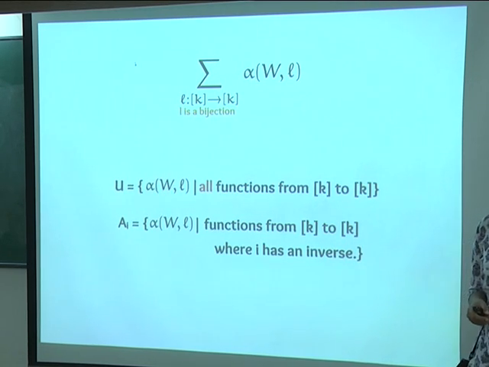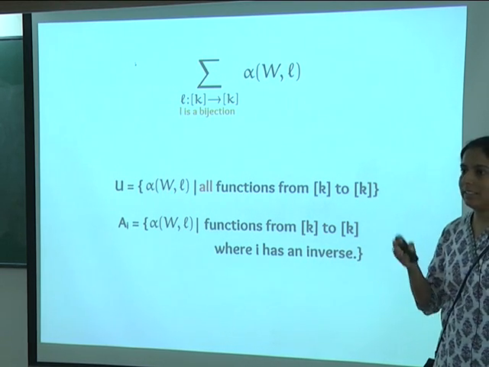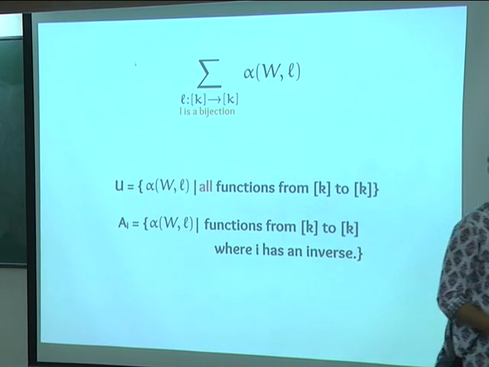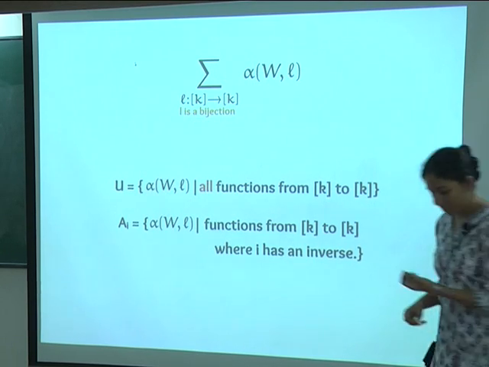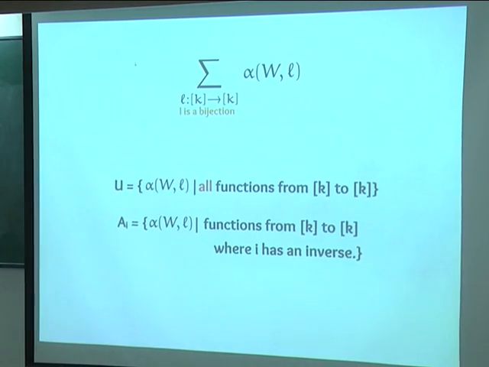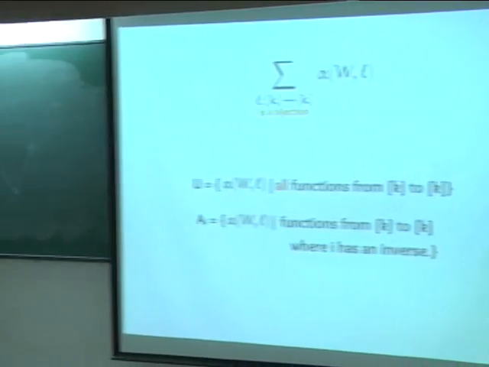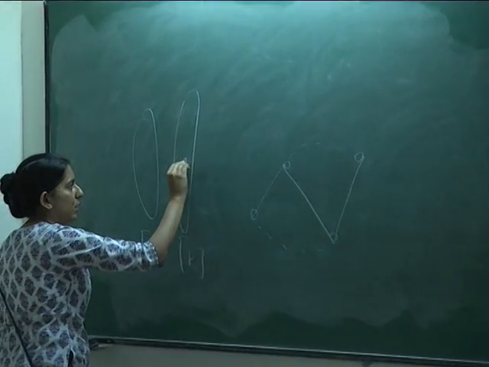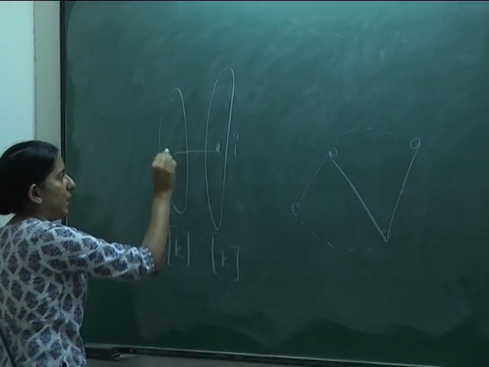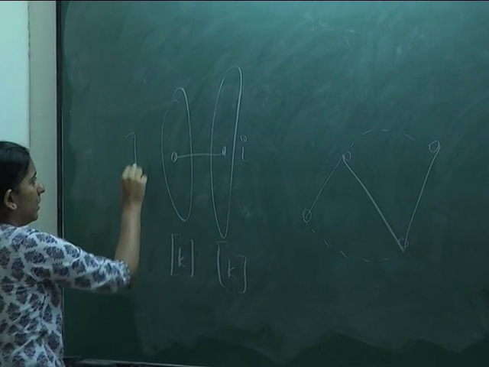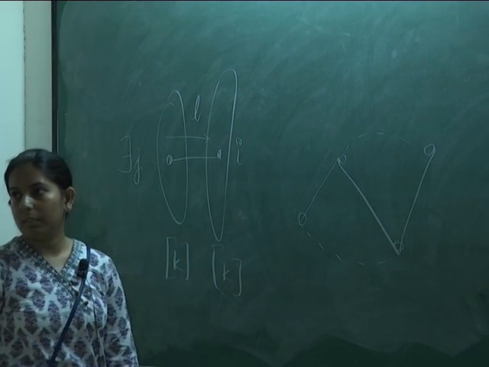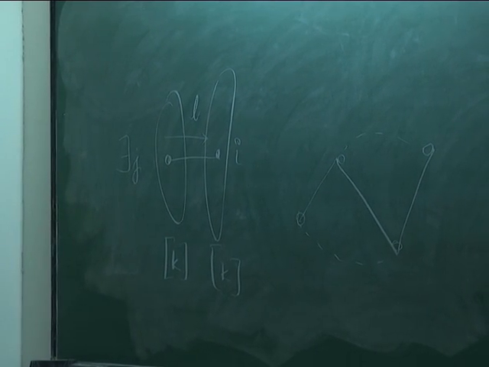Yes, i is in the image. Draw a picture. Looking at functions from k to k, I'm saying that there's some guy here, there exists some j that maps to i under the function f.